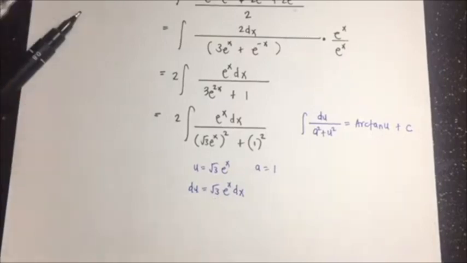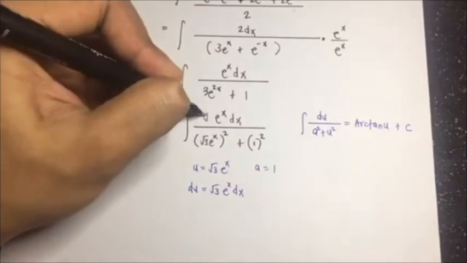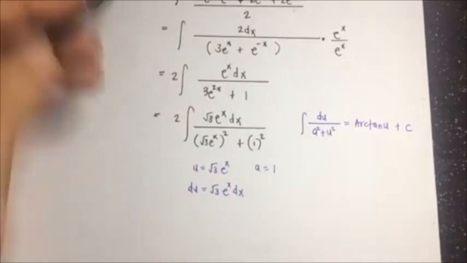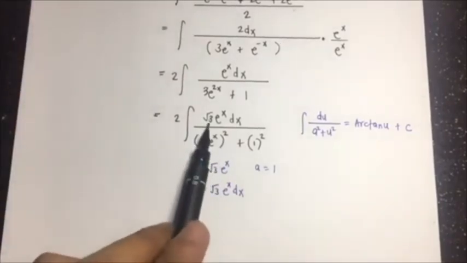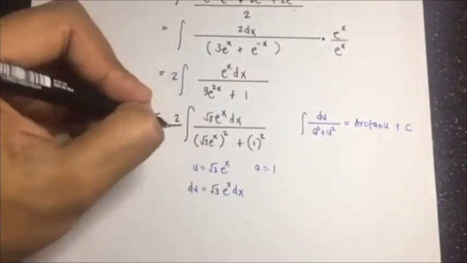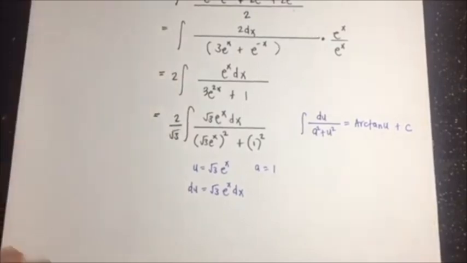So therefore, we must write that to complete the differential. And then, since we have written square root of 3 in the numerator, outside the integral sign in the denominator we will write square root of 3 to balance that.